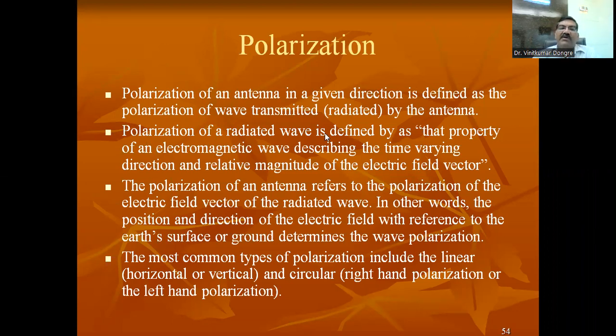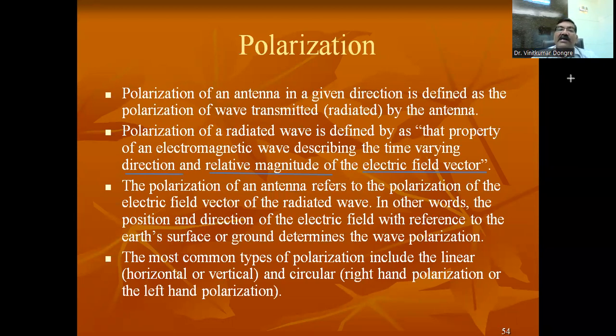Polarization of a radiated wave is defined as the property of an electromagnetic wave describing the time-varying direction and relative magnitude of the electric field vector. Now here, what is important? The important thing is it is the electric field vector. The relative magnitude and direction of the electric field vector. So this is the focus point.